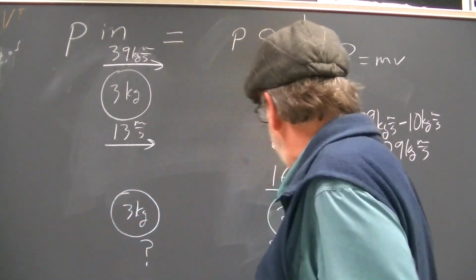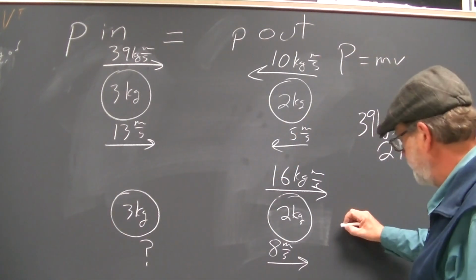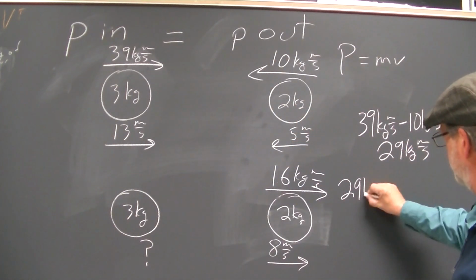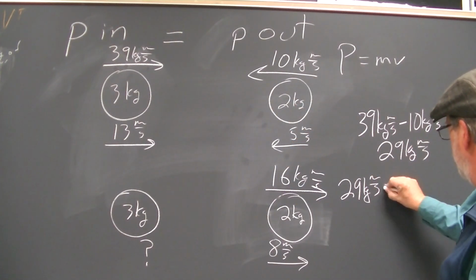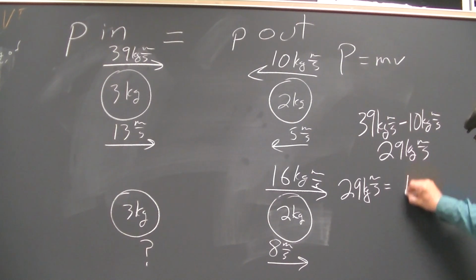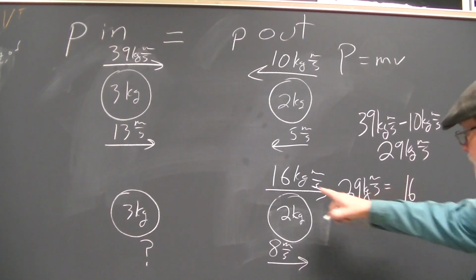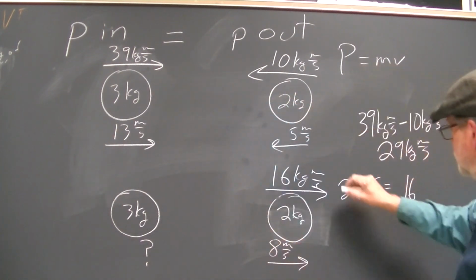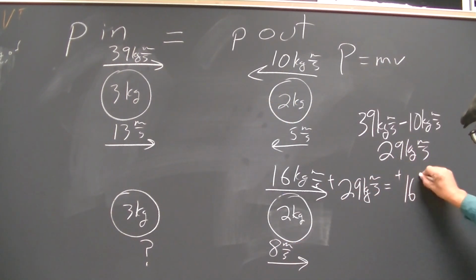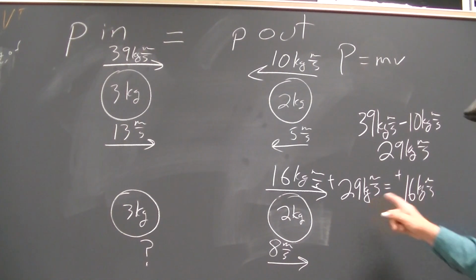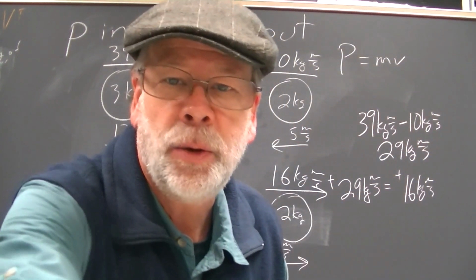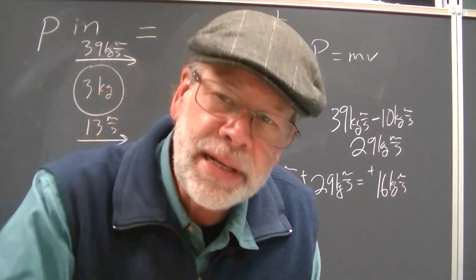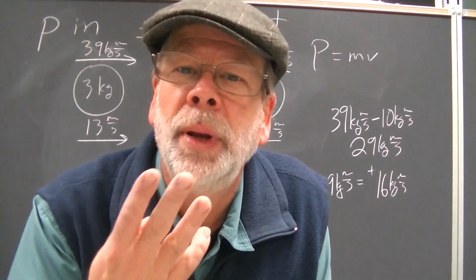So what we do is we set this right here, 29 kilogram meters per second must equal 16. This is also positive, this 29, positive, so you might want to mark those. 16 kilogram meters per second. 29 kilogram meters per second equals 16 kilogram meters per second? No, it doesn't. It equals 16 kilogram meters per second plus what?